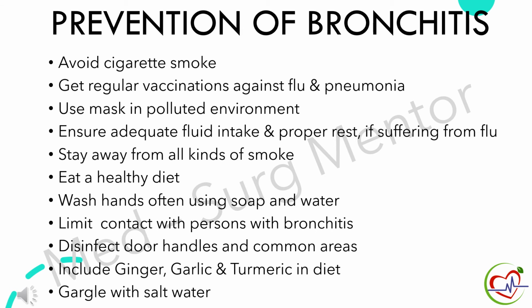Eat a healthy diet. Wash hands often using soap and water. Limit contact with persons with bronchitis. Disinfect door handles and common areas. Include ginger, garlic and turmeric in diet. And gargle with salt water.